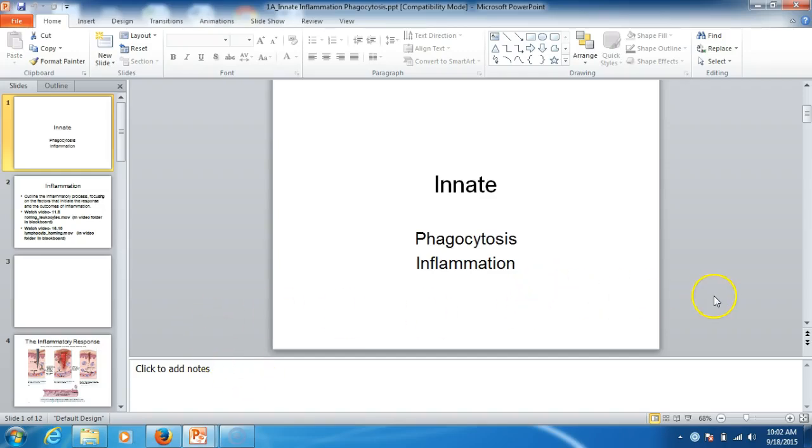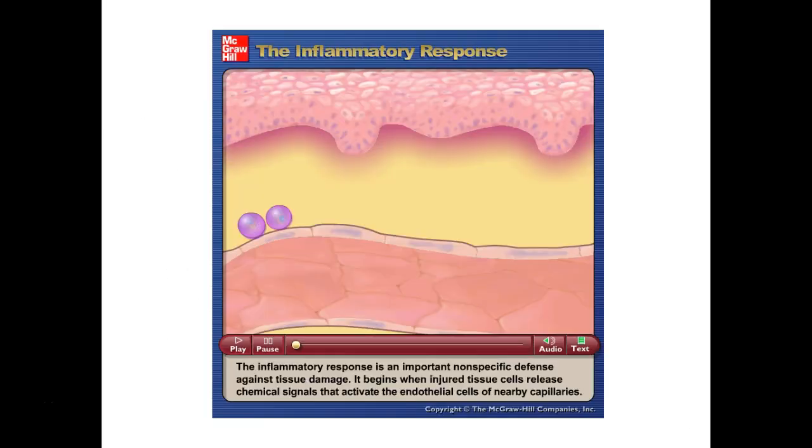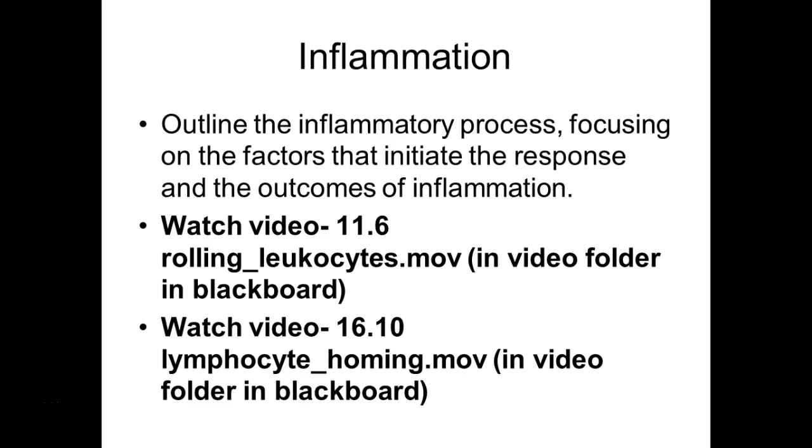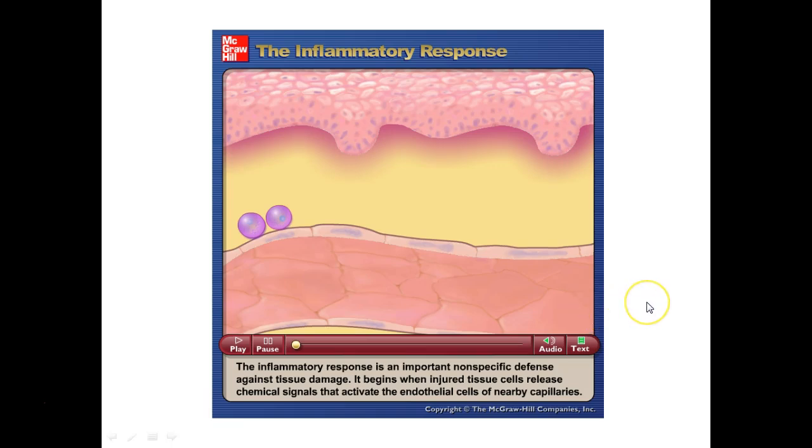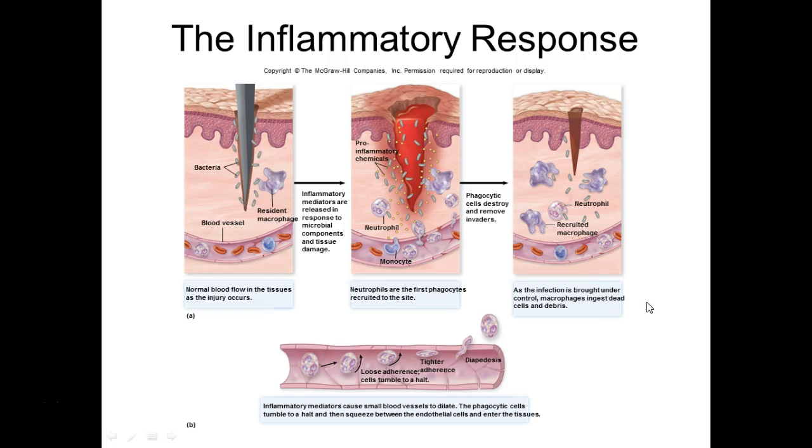All right, so last time we started out with looking at inflammation. It's a very important part of the process. So we watched these videos, right, which I have the links to in our Canvas site. We watched this animation, which I also have a link to.